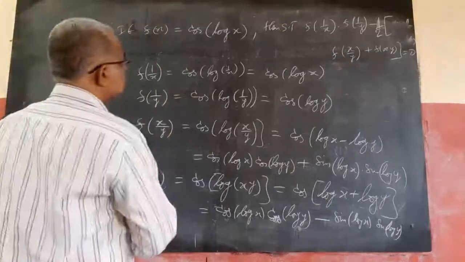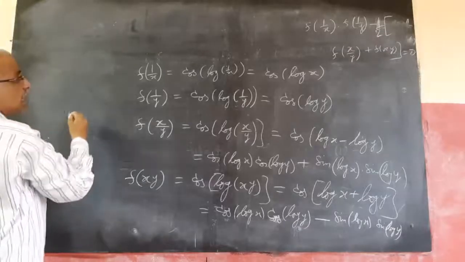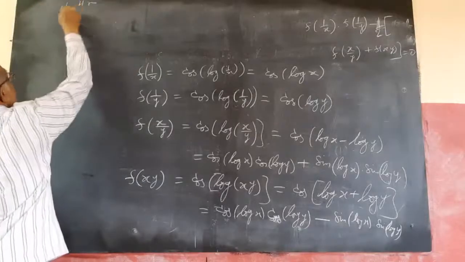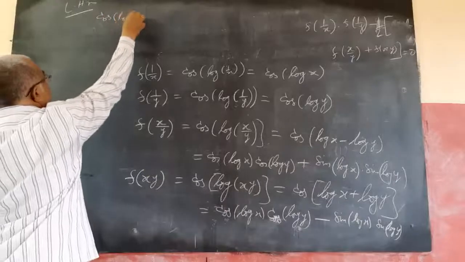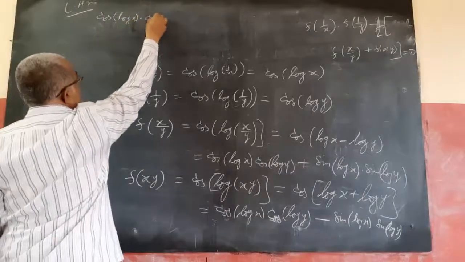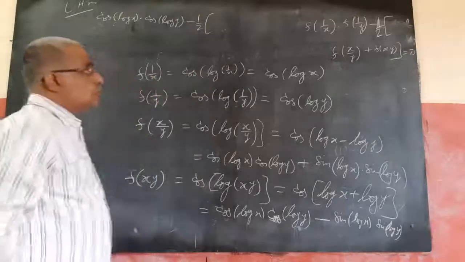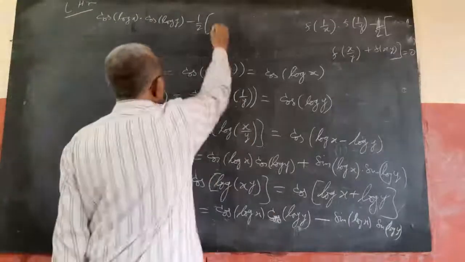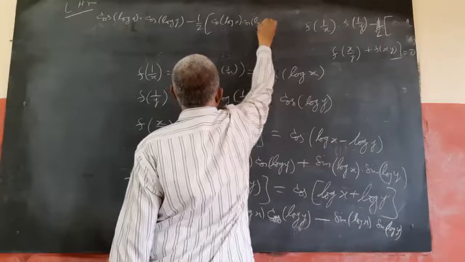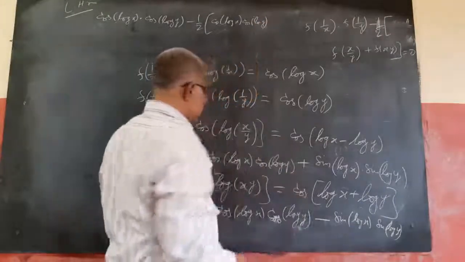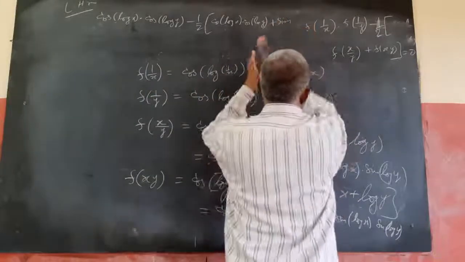What is the LHS? F(1/x) is nothing but cos(log x), into f(1/y), cos(log y), minus half into f(x/y). That is cos(log x)·cos(log y) plus sin(log x)·sin(log y).